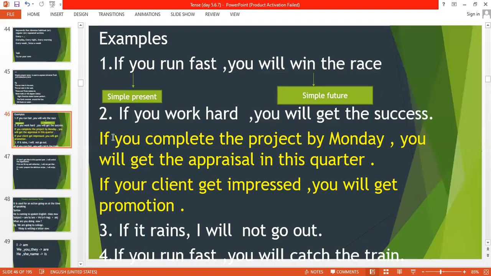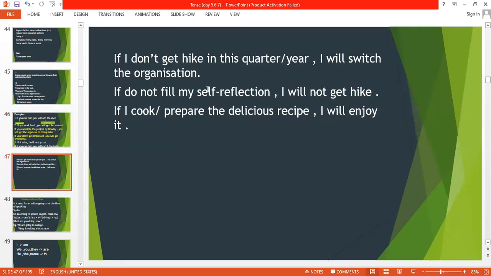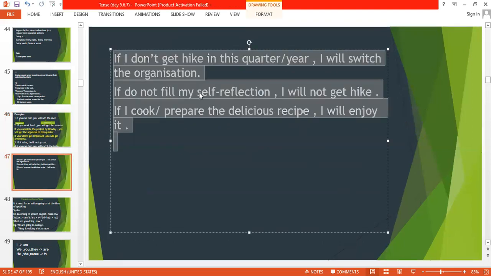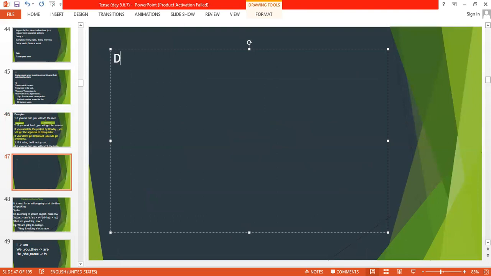What are they? Let's recap once. The first is daily routine, which is used in simple present.